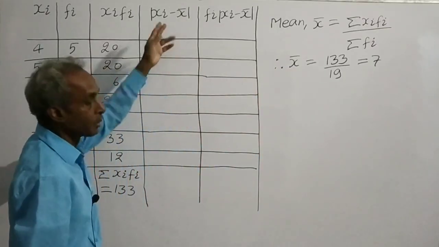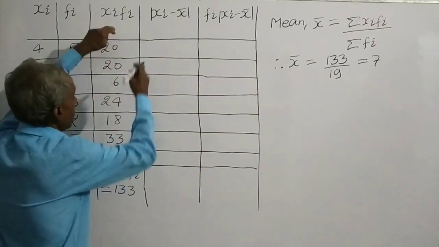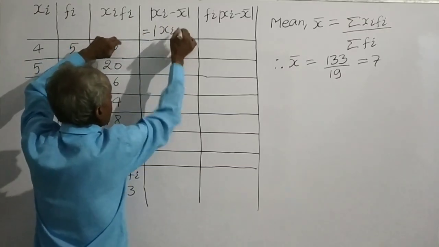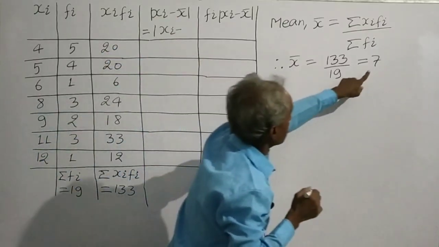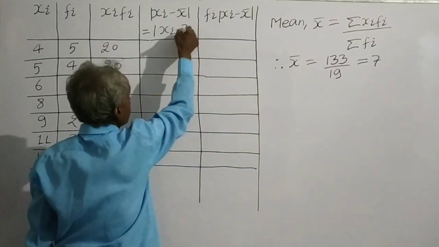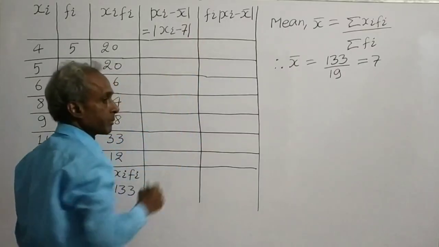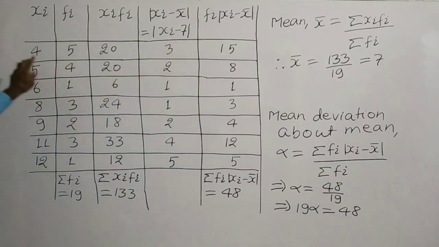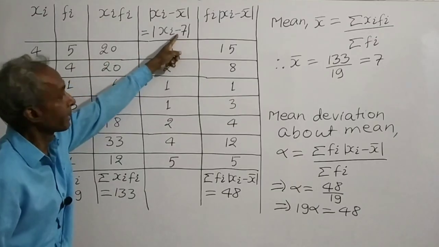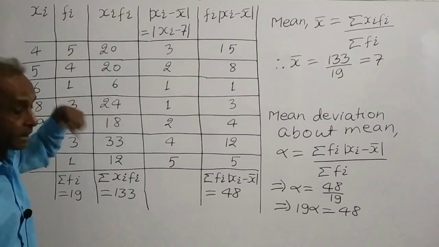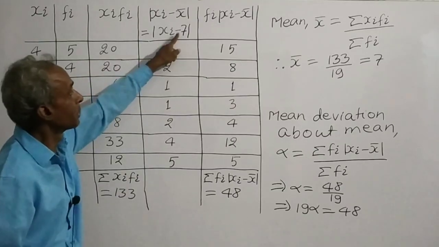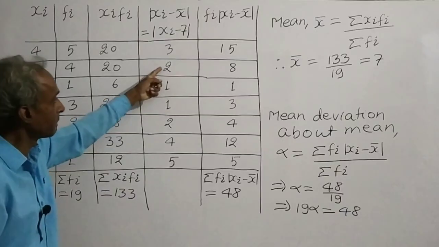In this column we want to write the value of mod of xi minus x bar, but the mean is 7, so that means xi minus 7. For xi equal to 4, 4 minus 7 will be minus 3 and mod of minus 3 will be 3. 5 minus 7 will be minus 2, mod of minus 2 will be 2.